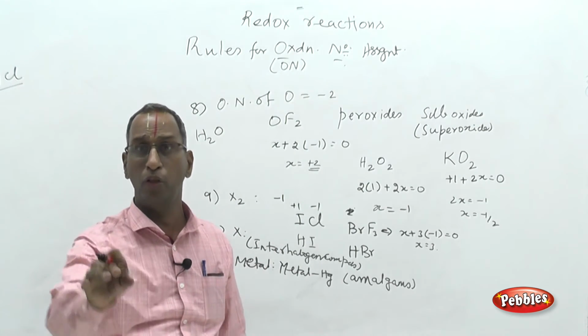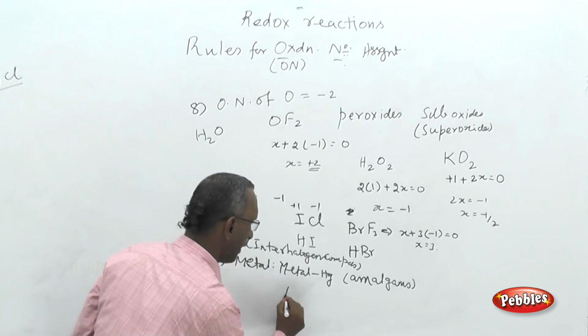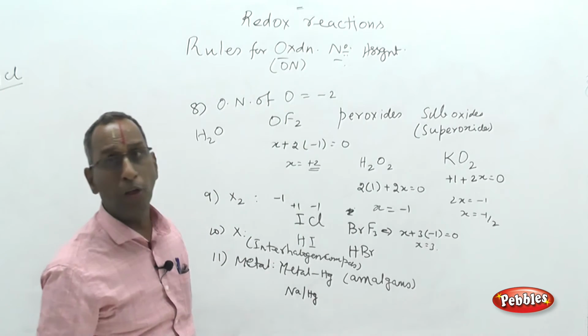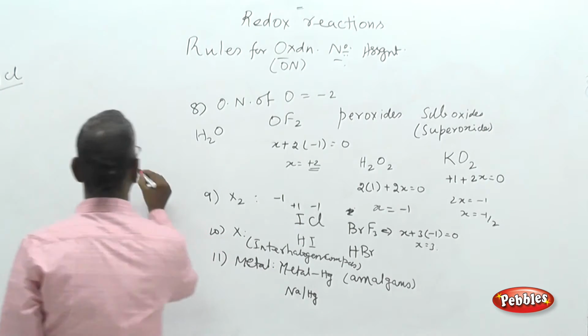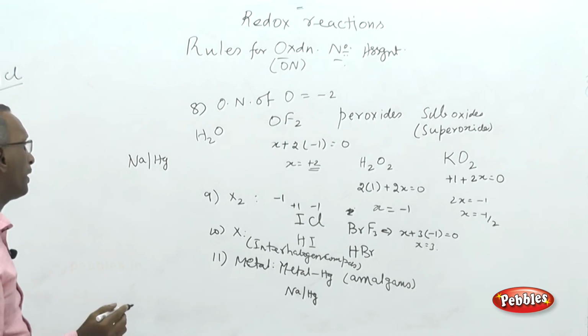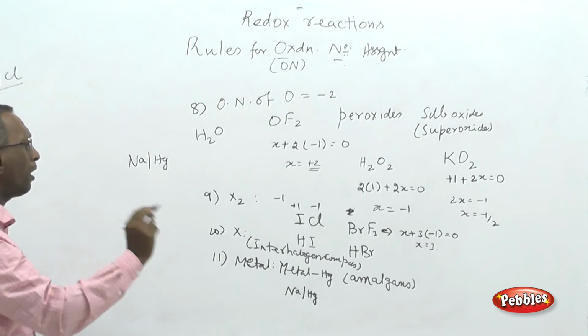Mercury will diffuse into the empty spaces of the metal. In such cases, sodium amalgam is used as a reducing agent. Tin amalgam is used as a reducing agent. Sodium is also a metal, mercury is also a metal, and likewise tin amalgam, zinc amalgam; in all these cases all are metals.